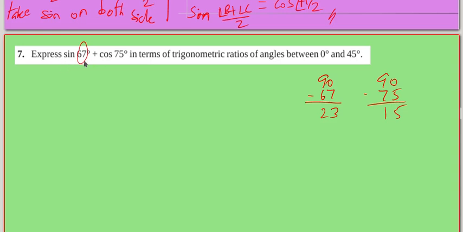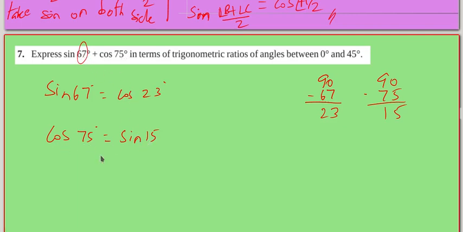So how can we write these two? Sine 67 degrees is cos 23 degrees. This angle is between 0 and 45. In the same way, cos 75 we can write as sine of 15 degrees, as the complementary angle for 75 is 15.